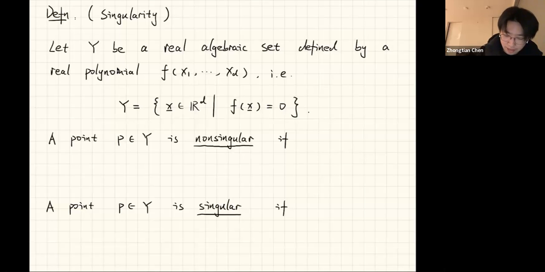A point in Y is non-singular if you compute the Jacobian of this polynomial F and evaluate it at the point P. This is the Jacobian.